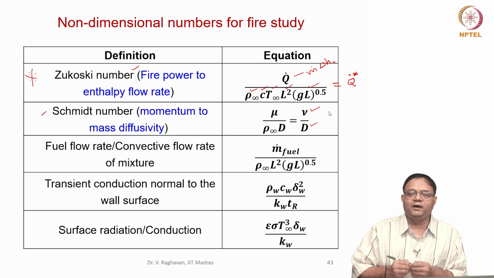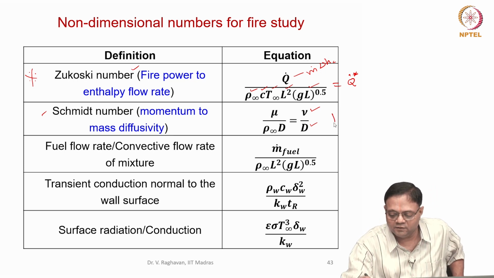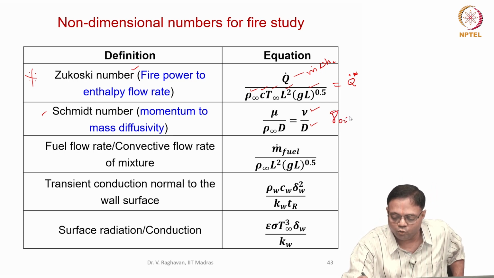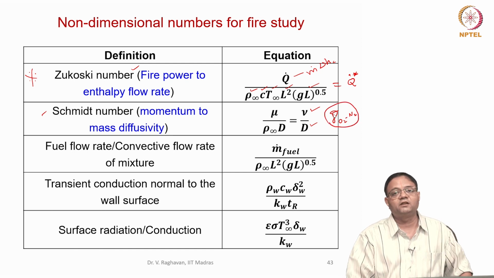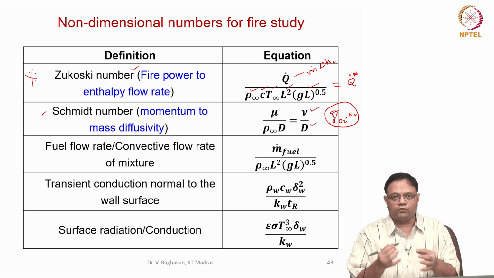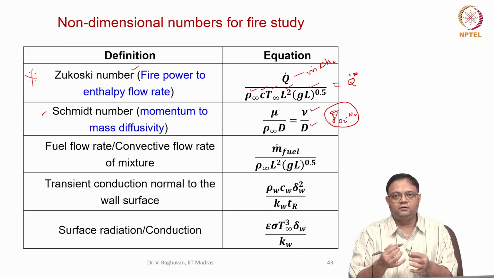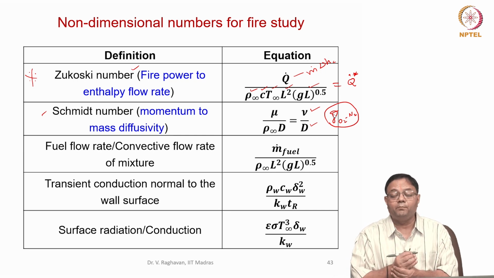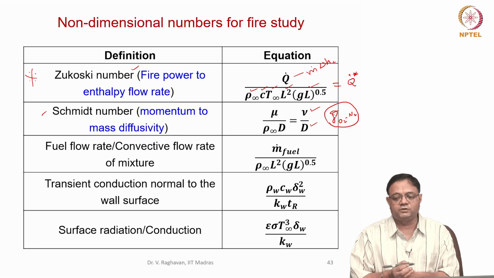So when I say oxygen and nitrogen, I can write D of O2 to N2. This is a fundamental property between these two, which varies as a function of temperature and pressure. The rate at which oxygen can diffuse into nitrogen will be the same as the rate at which nitrogen can diffuse into oxygen, but it depends on temperature and pressure.